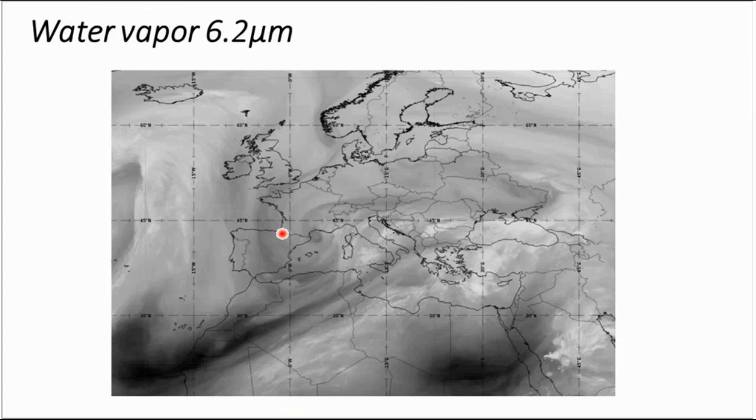Here you can see this cyclonic curvature, and here is also one. Here it is not so pronounced, but maybe if we animated these water vapor images, we could see something like cyclonic curvature. So this is another satellite image where you can see upper level lows.